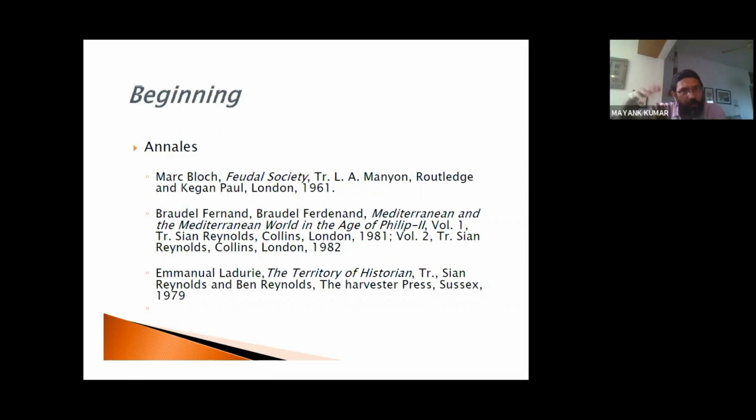So the evidence from the registers of the religious purposes helped Ladurie decipher that in a particular year, if the collection is good, which means the weather was good, only then you will get good production, and then you will give a larger share to the church. And if the production was bad, you will give a lesser share.